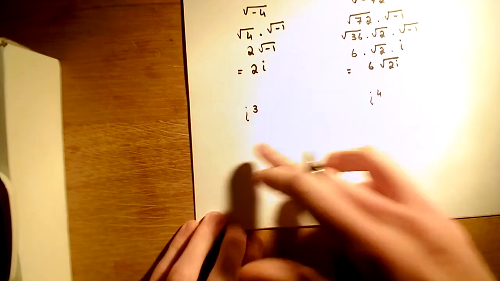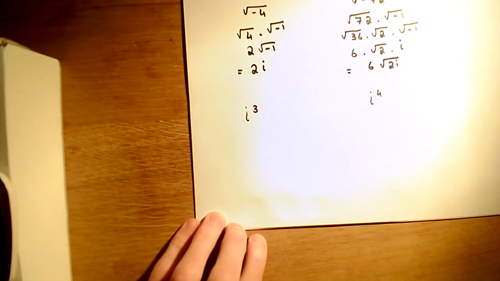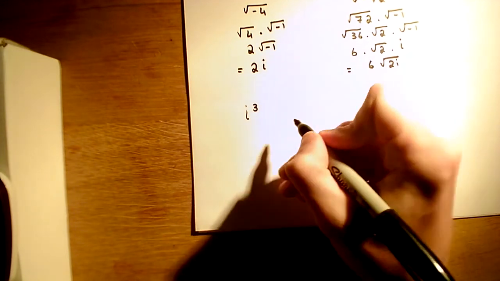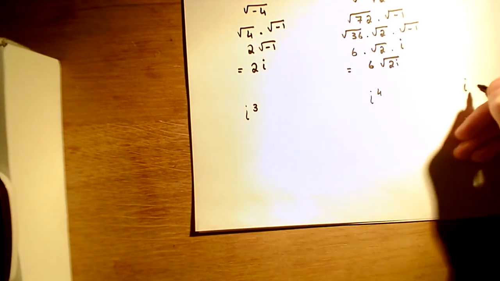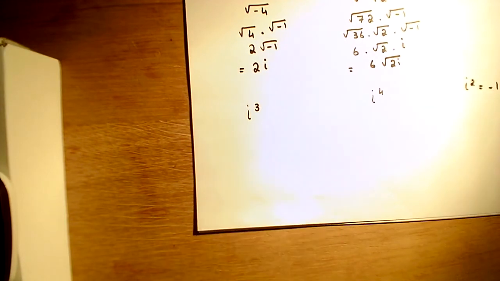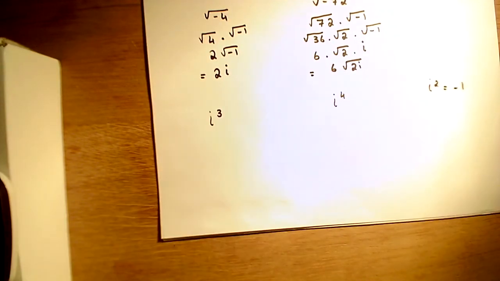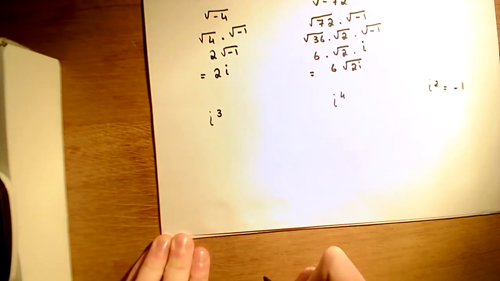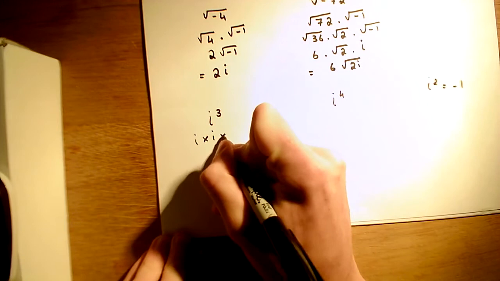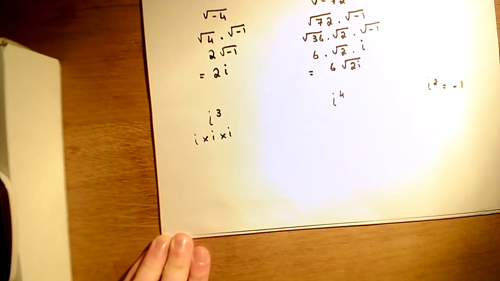Now, if we wanted to know if it was negative i or positive i, something that has been established for us is that i squared is equal to negative 1. That's something that we discussed a few moments ago, and it's the whole foundation for what we are working with here. If we were to try to simplify i cubed, we know that i cubed is i times i times i.